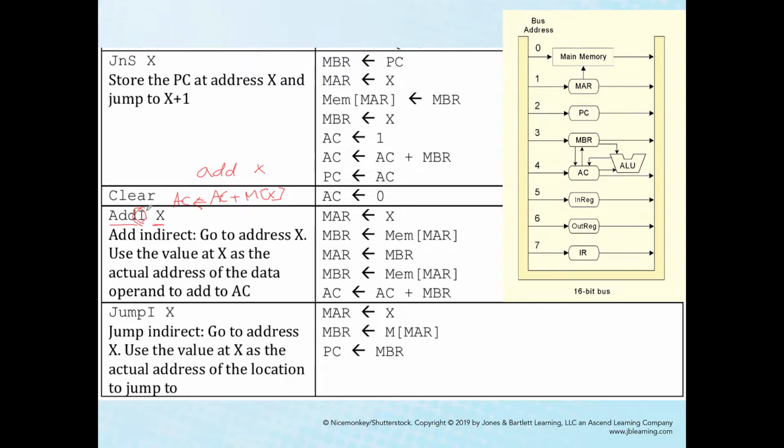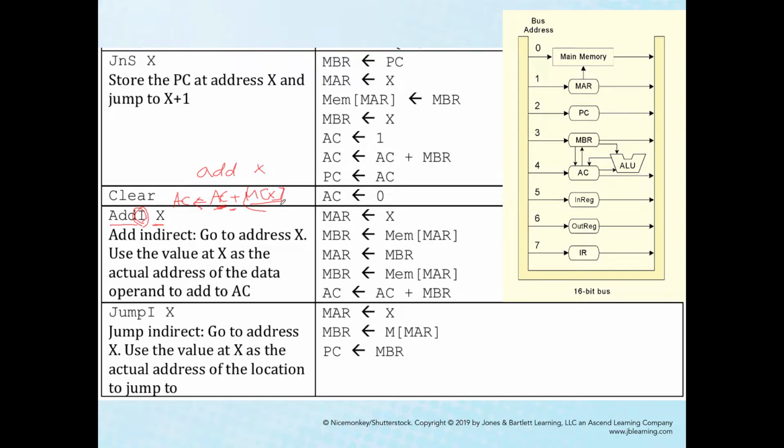Add I is then, of course, the accumulator is one of the two operands for addition, but the other operand is not at address X; at address X you have the address of the data.